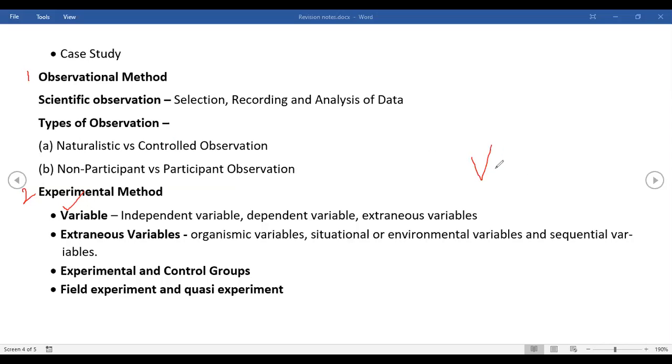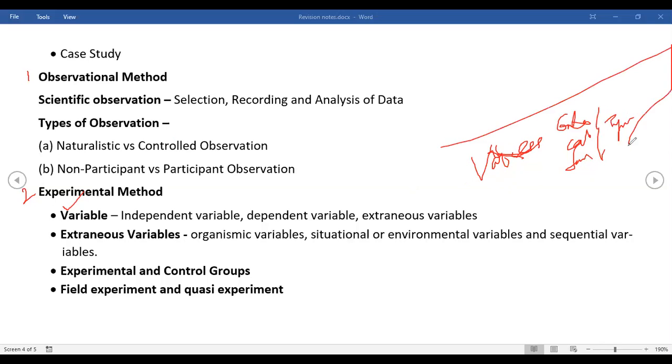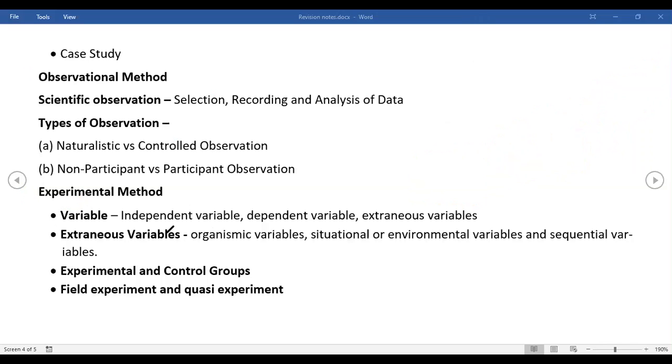A variable varies according to the context, conditions, and factors. So how many types of variables? Independent variable, dependent variable, extraneous variables, but majorly we will be seeing dependent and independent variables.